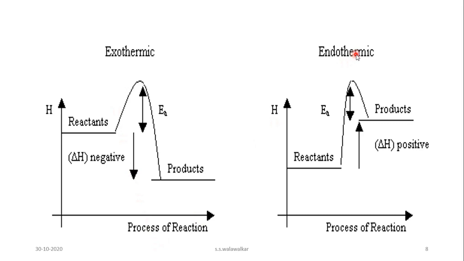And in endothermic reaction, reactant is more stable than product, or product is less stable than reactant. So if you remember this diagram, then you can easily write the differentiating points between exothermic and endothermic reaction.